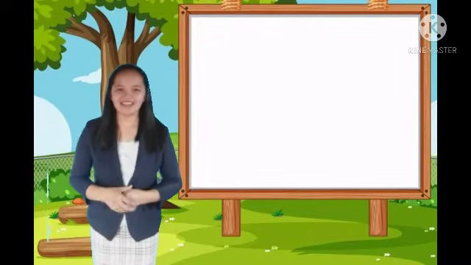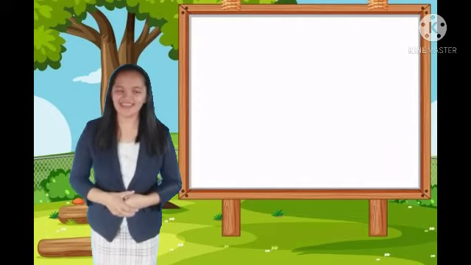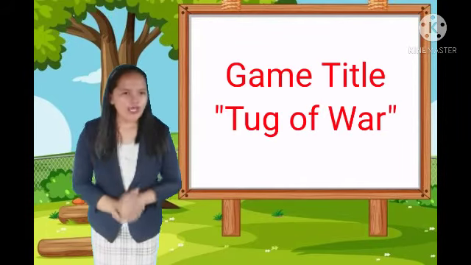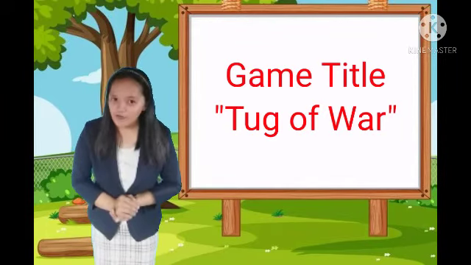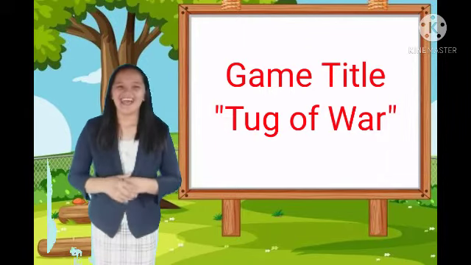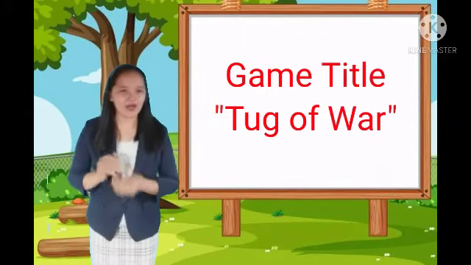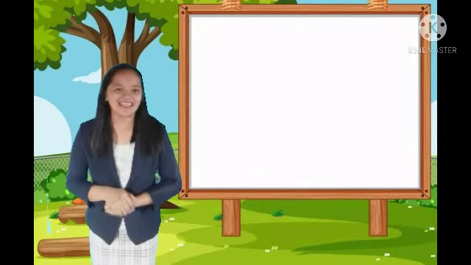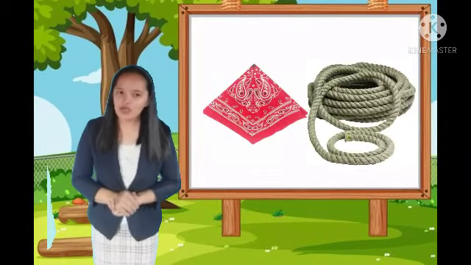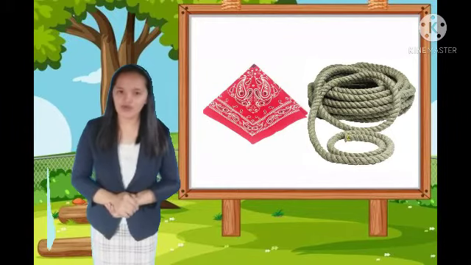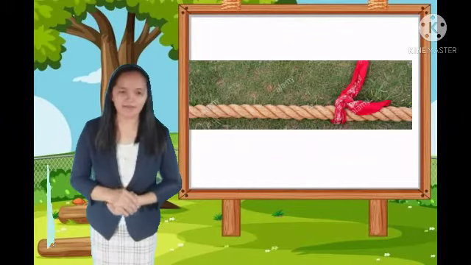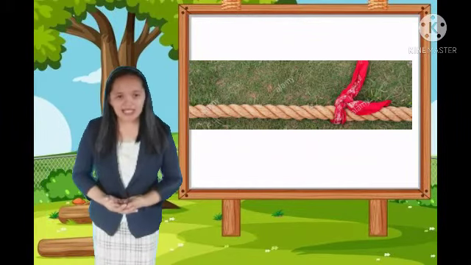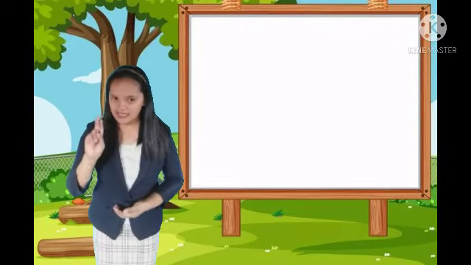Now, let us start our lesson with a game. Are you familiar with a tug of war? Okay, let's go outside and we will have our game. I have here a rope and a handkerchief to tie in the middle. I will split the class into two teams.